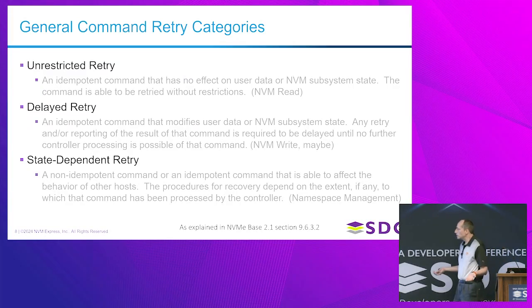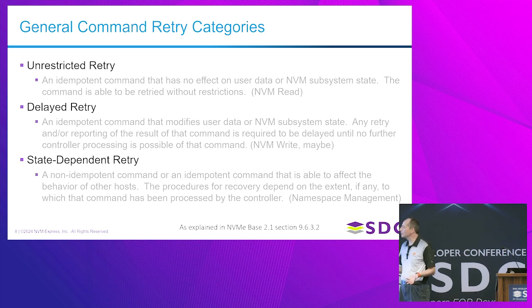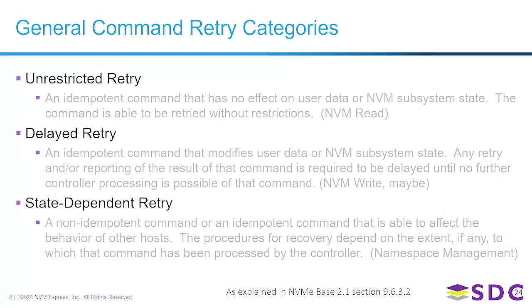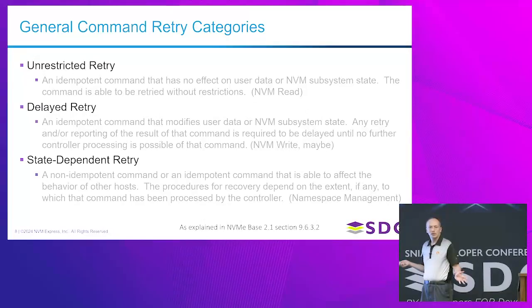So to get a framework around how we're going to recover from these commands, we've introduced some categories. This is just a way of thinking about it. We determine the terms, but this is just trying to describe a concept that's already out there. The first kind of command is idempotent and it doesn't change the state on the box.